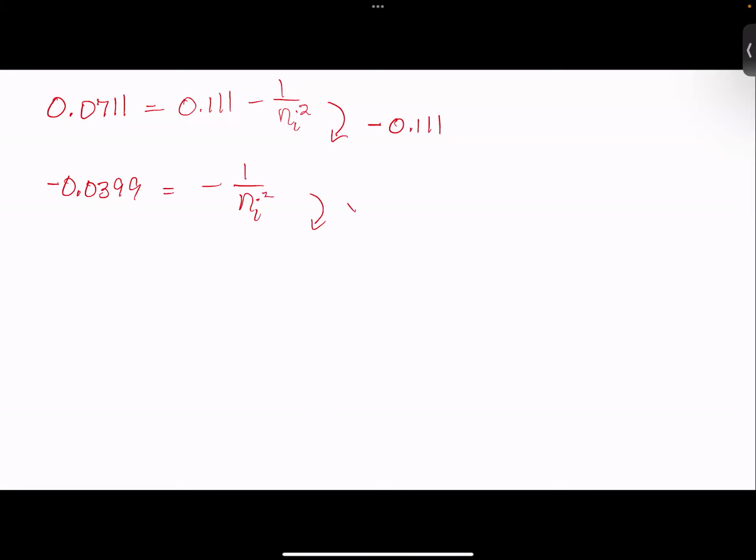I then multiply by negative 1, basically to turn everything positive.